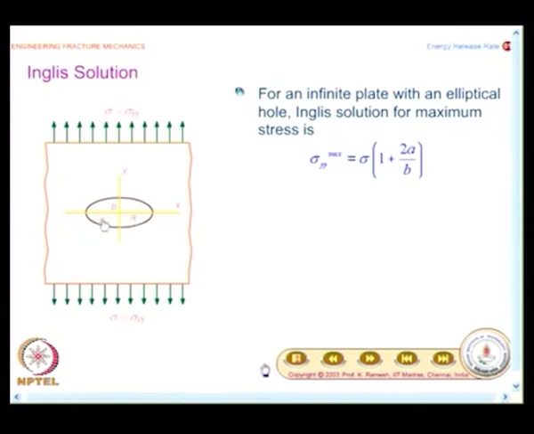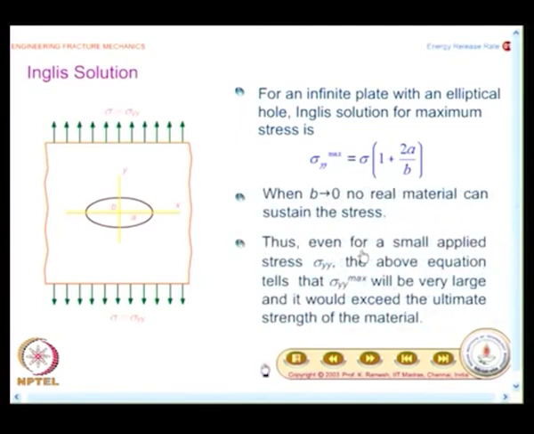When I have a central crack, I will label it as 2a, and the minor axis is given as b. And what Inglis alerted was, when the elliptical hole reduces to a crack where b tends to 0, the stresses are very high.